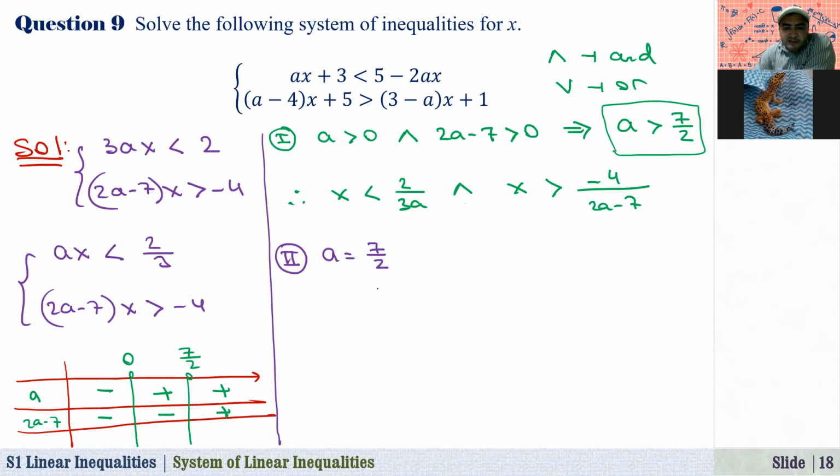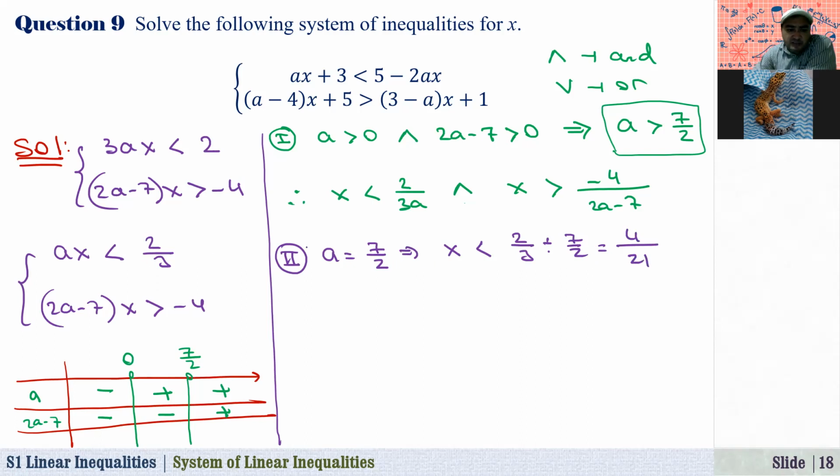If it is 7 over 2, then here we will have this case. The first one is positive. X will be less than 2 over 3 divided by 7 over 2, which is equal to 2 to cancel. Here we have 4 over 21, because A is equal to 7 over 2.